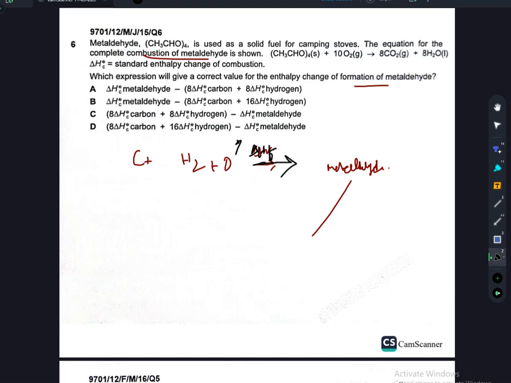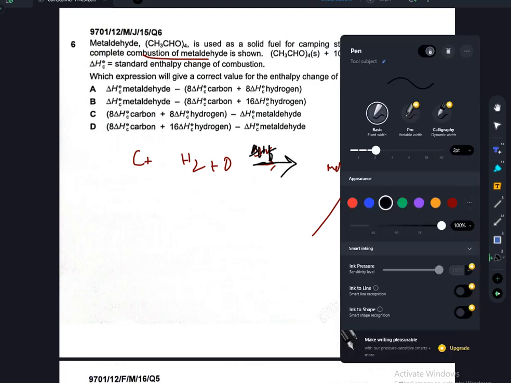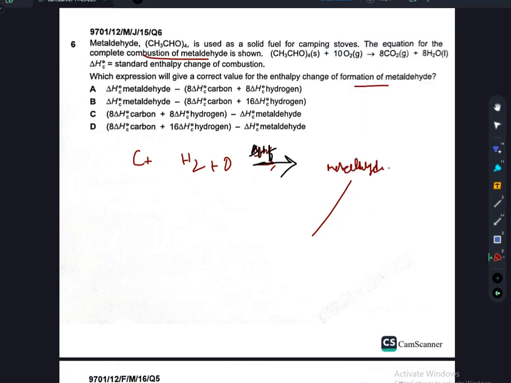Okay, metaldehyde, and this is the combustion of metaldehyde, delta HC of metaldehyde, and this is the other combustion side. Obviously they would produce the same things, carbon dioxide and water, 8CO2 plus 8H2O.